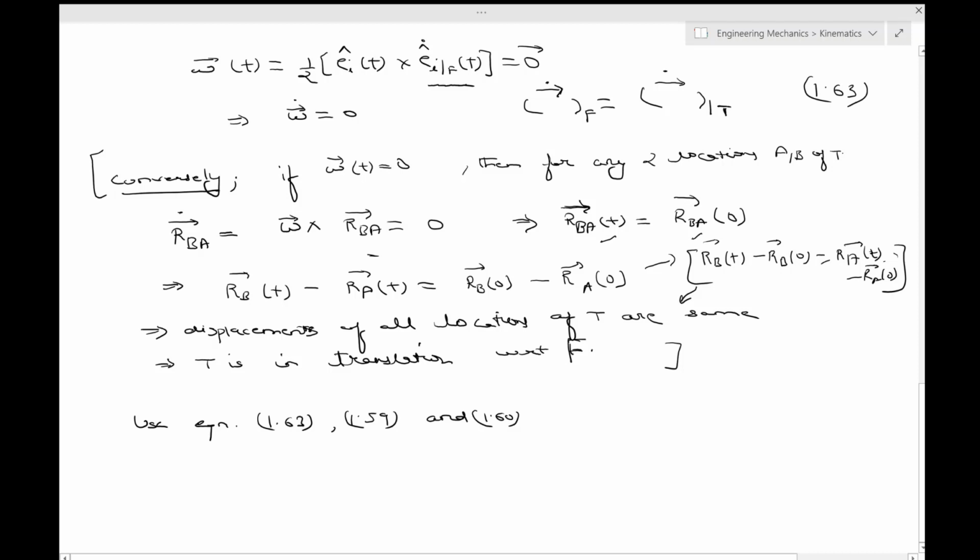Okay, so let me write 1.59 for you. That is V of P by F is equal to V of A with respect to F plus with respect to F plus omega dot AP.